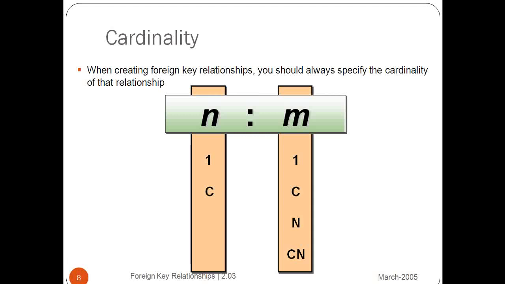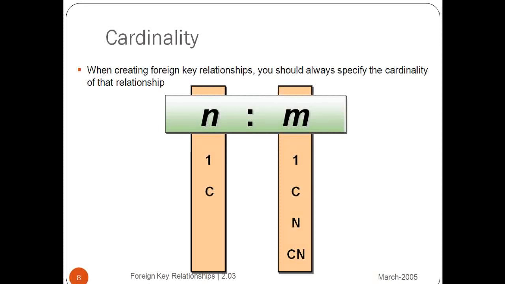Now cardinality is a kind of one-to-many relationship. Suppose in my example I want to put a relation from A to C. A will hold one record, but corresponding to A, C could have multiple records. So it could be one to many, like 1 and C. The 1 represents that it should have at least or at most one record.